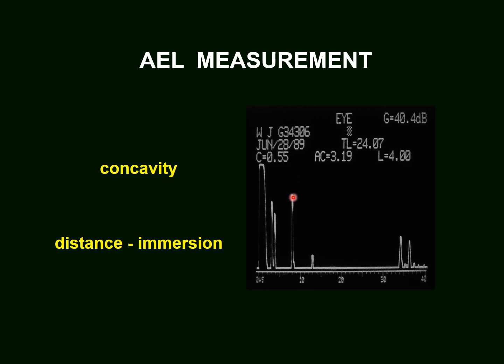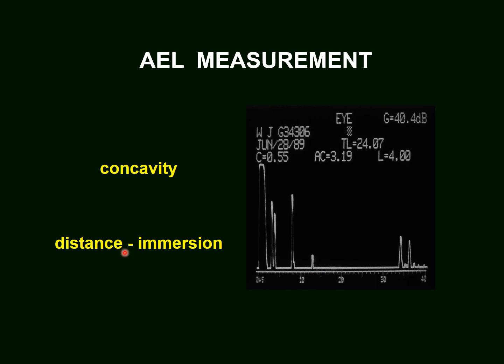Yet this signal is so much stronger than the signal from the concave posterior lens surface. From this we would expect a much stronger signal, because the anterior chamber and the vitreous have about the same acoustic properties. No, we get a weaker signal here in spite of the concavity.